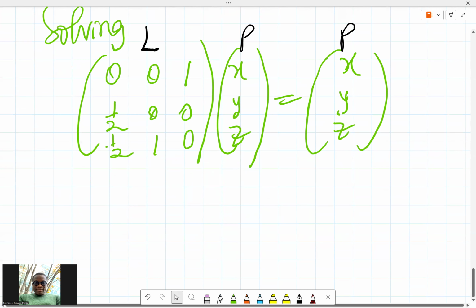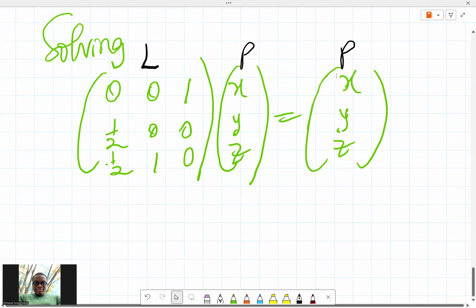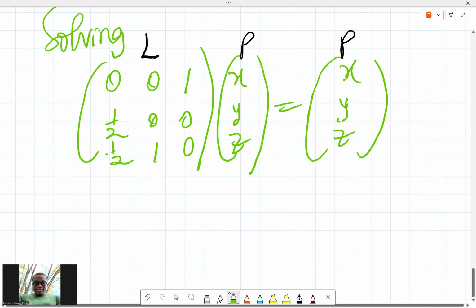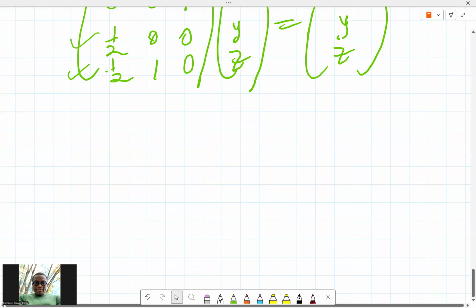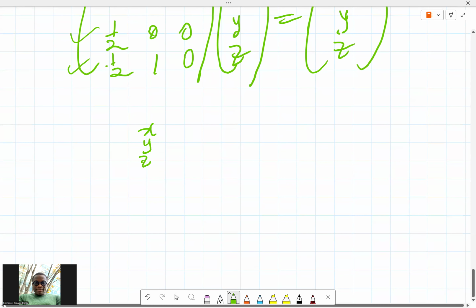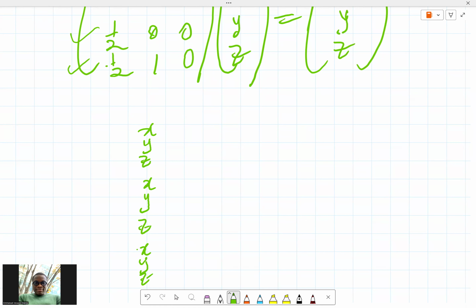If you try to solve this, I have a simple way of working this out. We have one column of this, so we write it in one column 3 times, so we have x, y, z three times.